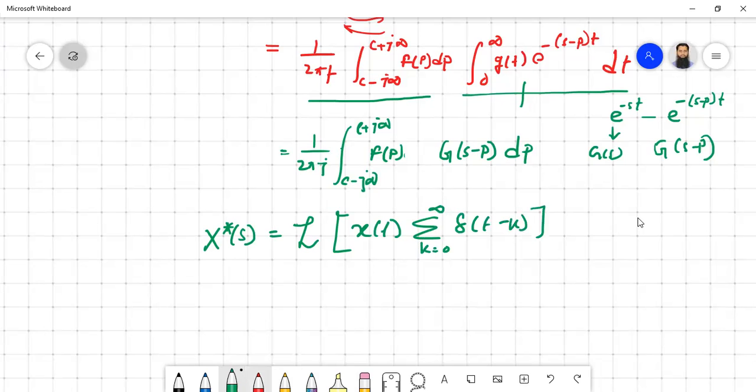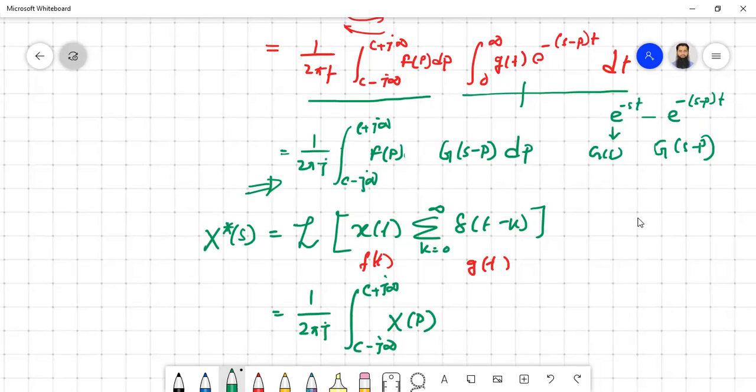As we just said, we assume this one as f(t) and this one as g(t). So using this formula, we can write 1 by 2 pi j, the integration over c minus j infinity to c plus j infinity of X(p).